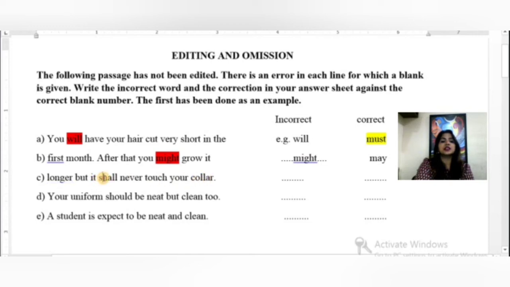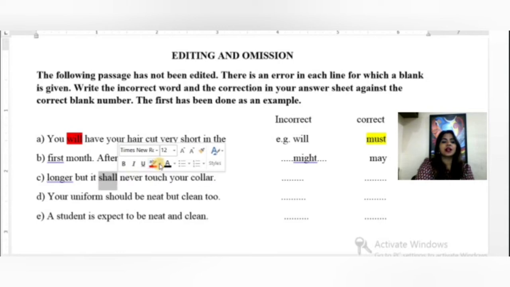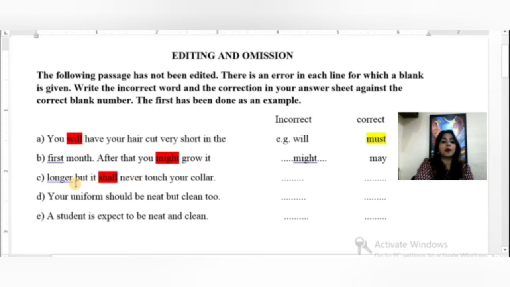Again, this is a modal auxiliary. Shall again expresses some action happening in future. But here, since it is going as an instruction, but it shall never touch your collar, shall is the incorrect modal auxiliary, and in place of shall it should be replaced by the modal auxiliary should, showing obligation.